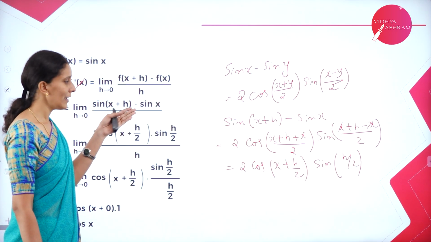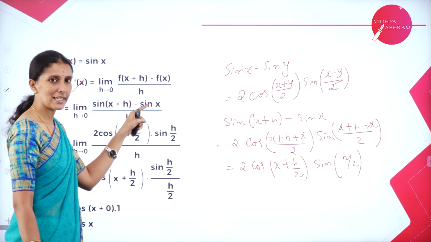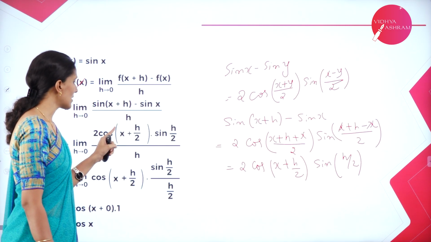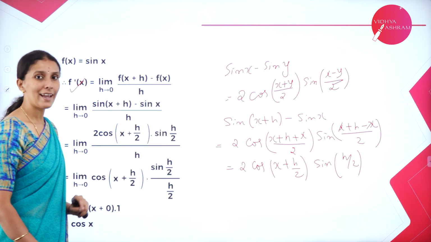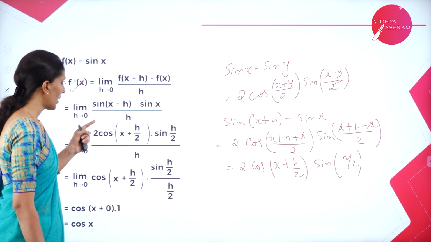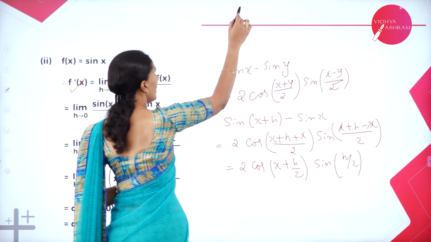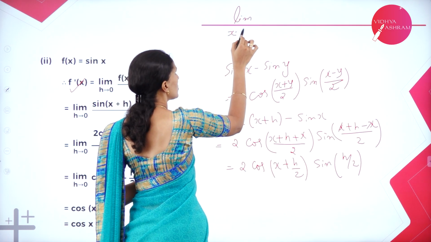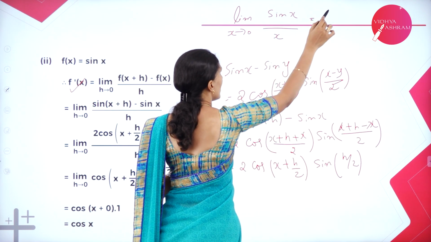So you can directly skip all those steps and write directly, that is sin x plus h minus sin x is equal to 2 cos x plus h by 2 sin h by 2 divided by h in the denominator. The next step is, now we know that limit of x tends to 0, sin x by x is equal to 1.